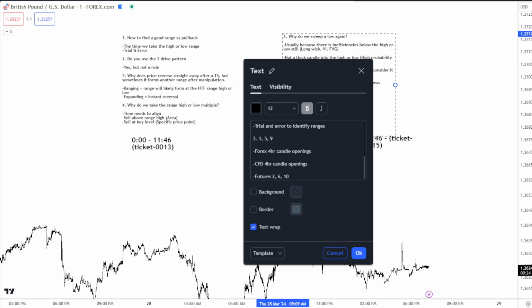Here's another example. In this case, I just wait for a turtle soup. That never came.